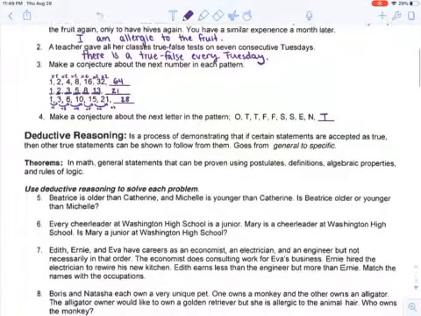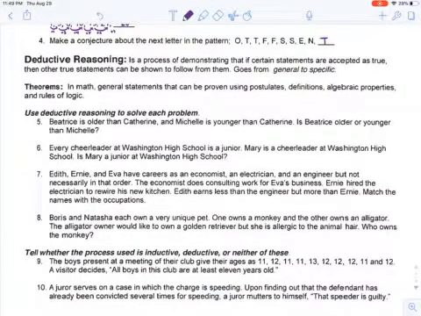All right, now we get to some deductive reasoning, where we have to use rules, statements, and or facts that are accepted to be true. So our first one is Beatrice is older than Catherine. And Michelle is younger than Catherine. Is Beatrice older or younger than Michelle?